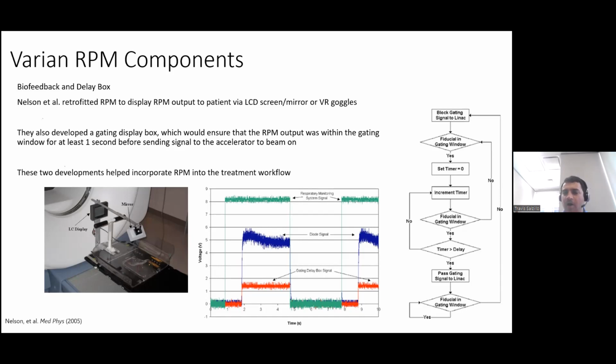If a patient coughs, or takes a deep breath but then realizes they need more time to breathe, the beam won't actually turn on unless you're in the appropriate window for at least 1 second. They noticed this was really useful. Yes, it extended the treatment a little longer, but it was really useful for eliminating incidental radiation when the breath hold wasn't a true breath hold, because it was a cough or something else.